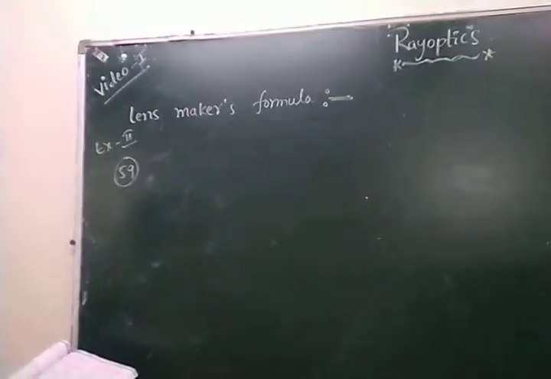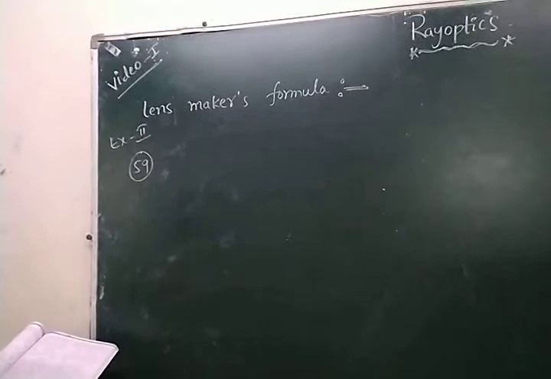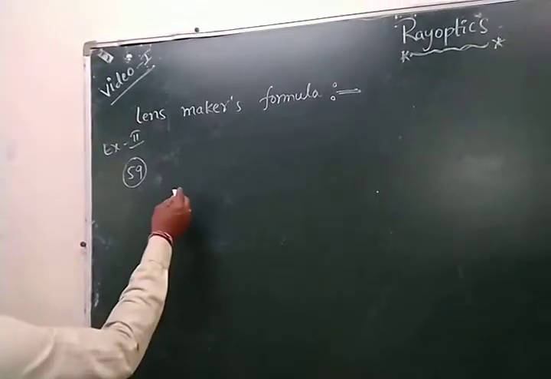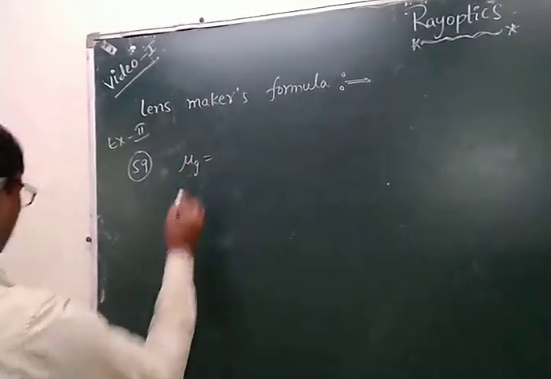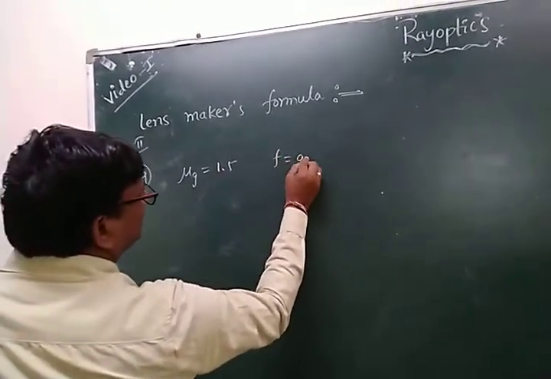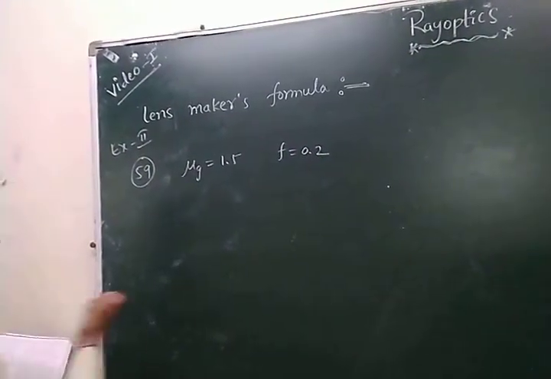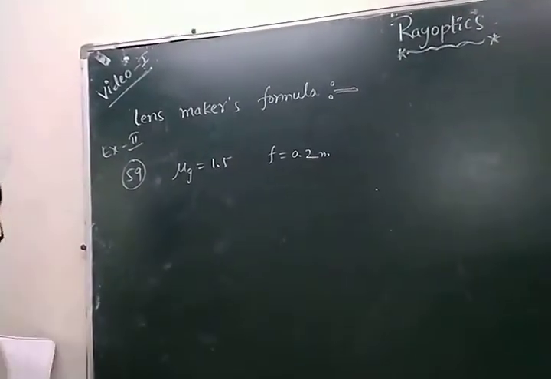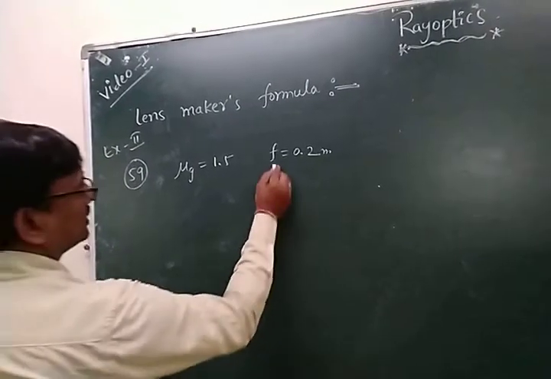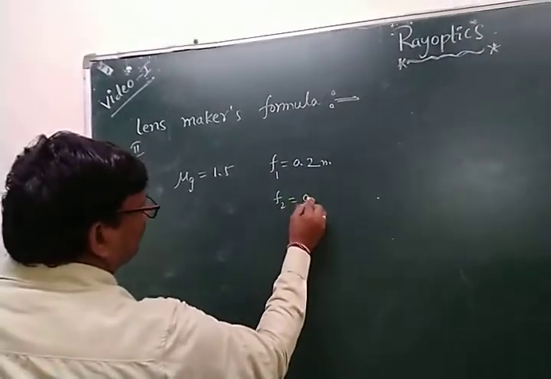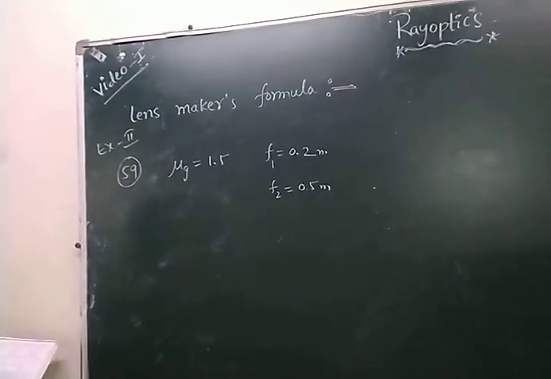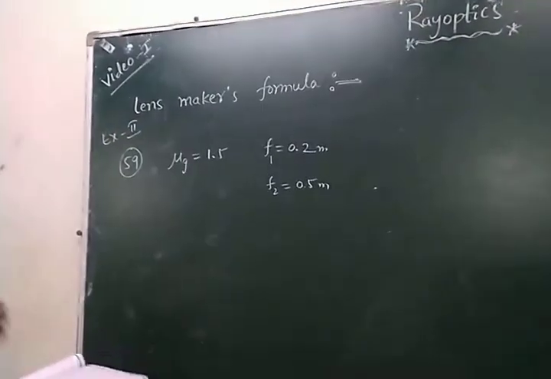See question number 59. A thin equiconvex lens is made of glass of refractive index nu G equal to 1.5. Its focal length f is 0.2 meters. If it acts like a concave lens of focal length 0.5 meters when placed in a liquid, find the velocity of light in the liquid.